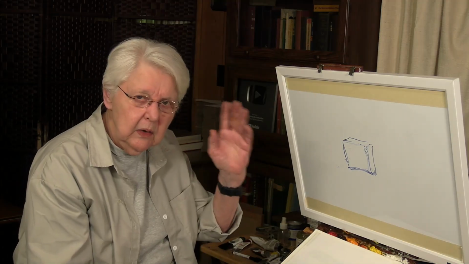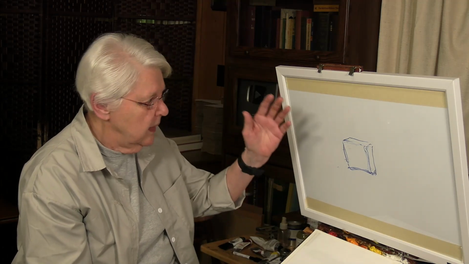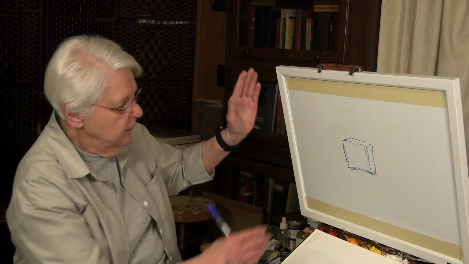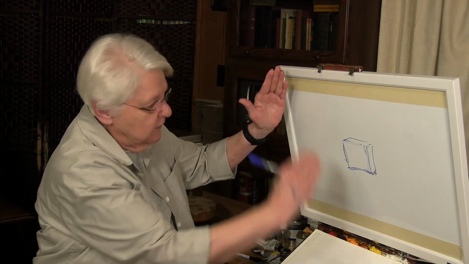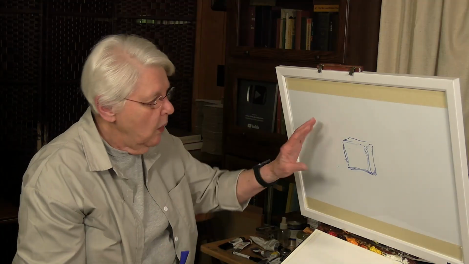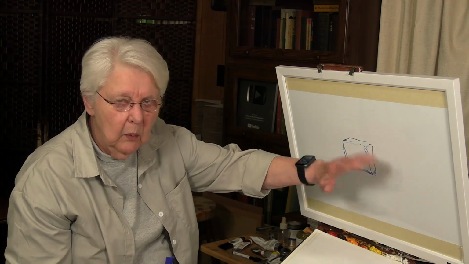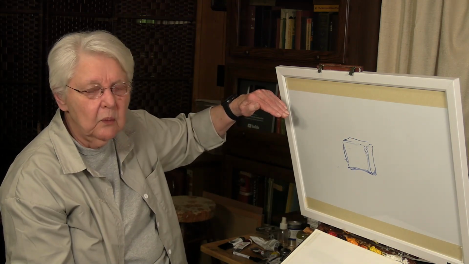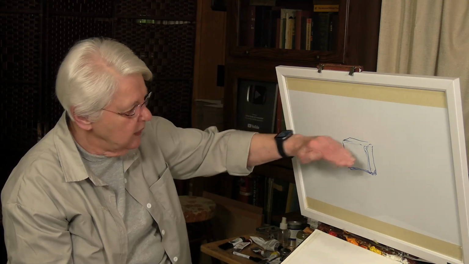But you can visualize if the sun is anywhere on this side of you and coming in this direction, then the sun's rays are going to be coming from that direction too. And so the way you decide what's going to be in light and what's going to be in shadow is to visualize what the sun rays are doing, where the sun rays are hitting.